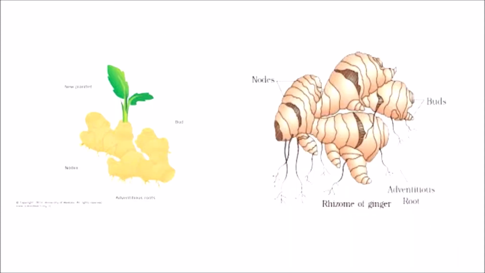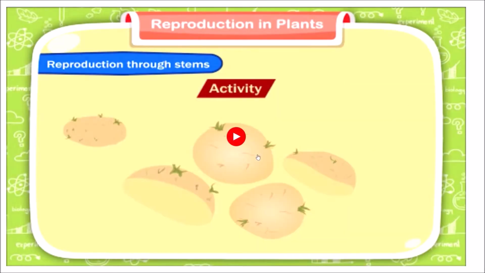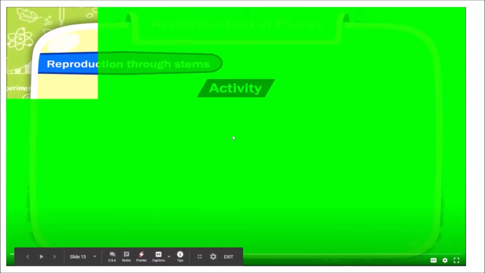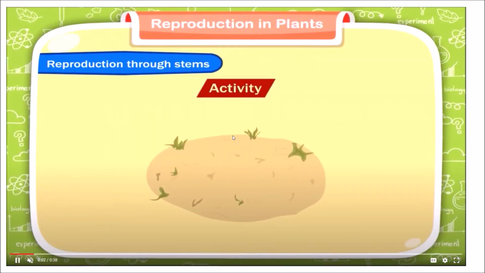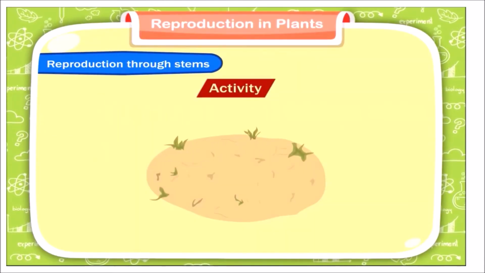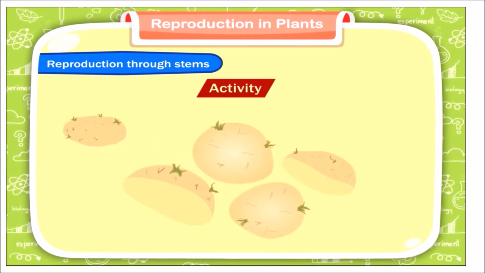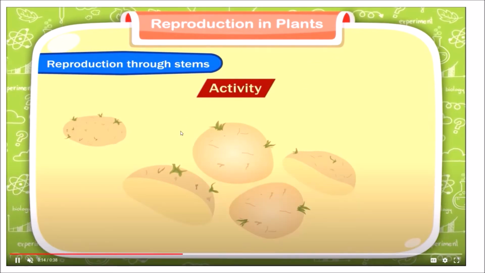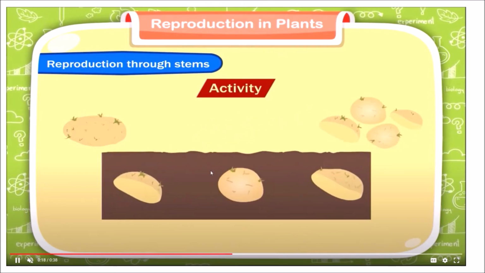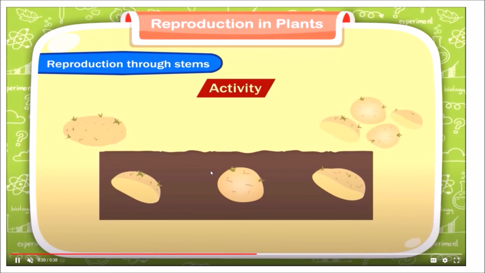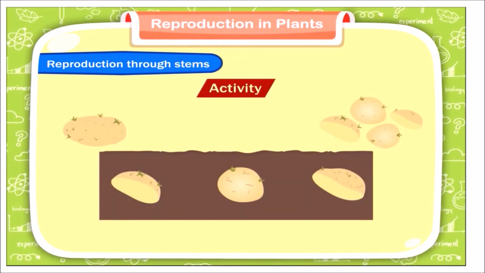Okay, let me make it clear. We do one activity. Take a big potato and cut it into several parts in such a way that each part of it has a bud. Plant these potato parts in moist soil.